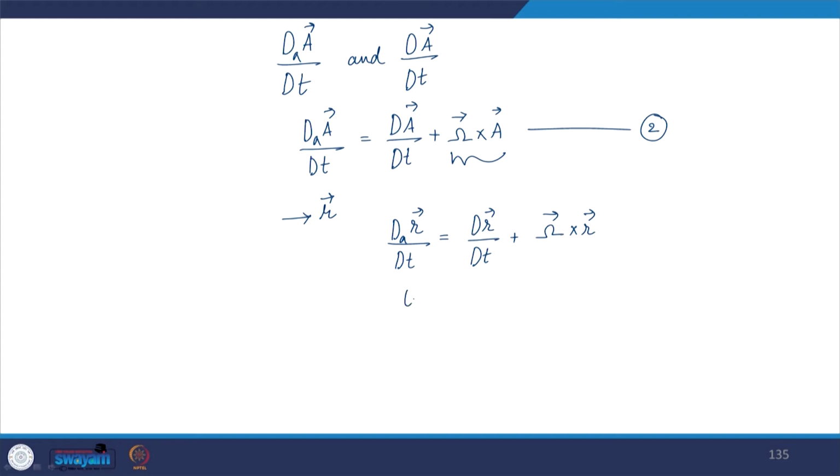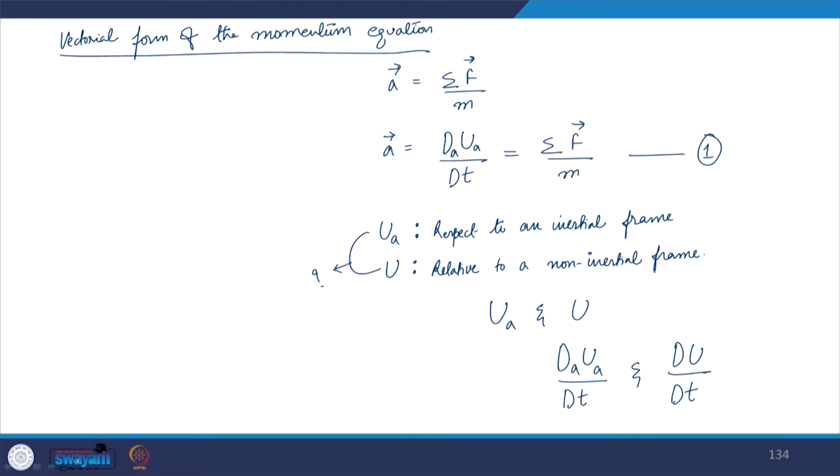What we can write, the rate of change of position is the velocity, ua is u plus omega cross r, right. So, now I was telling that if we want to write equation 1, that is the acceleration as sum of forces per unit mass, at this point of time you remember this very clearly, this is valid for an inertial reference frame.